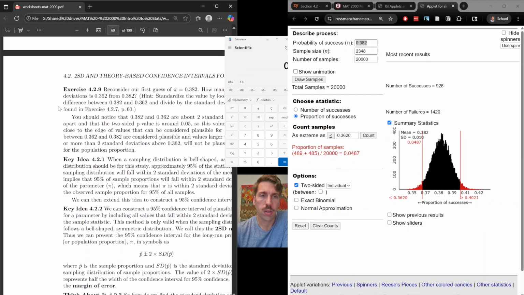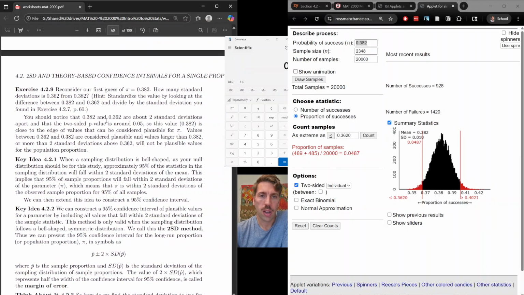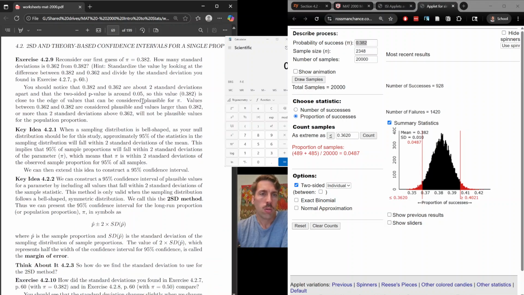Okay, where we are. Number 9. Reconsider our first guess of pi equals 0.382. How many standard deviations is 0.362 from 0.382?